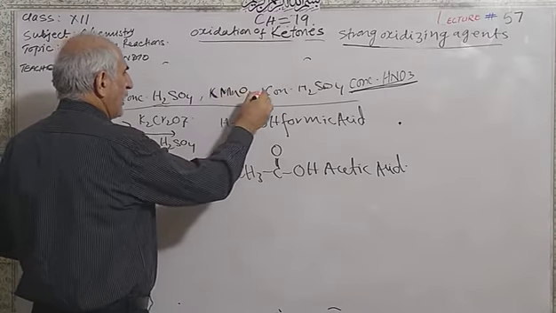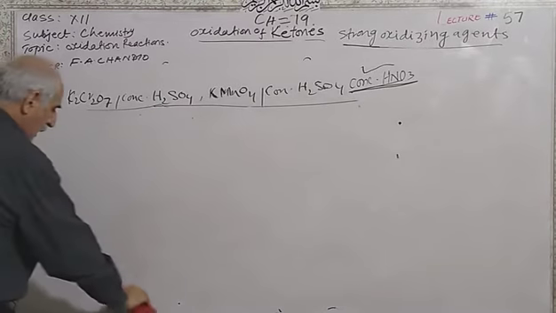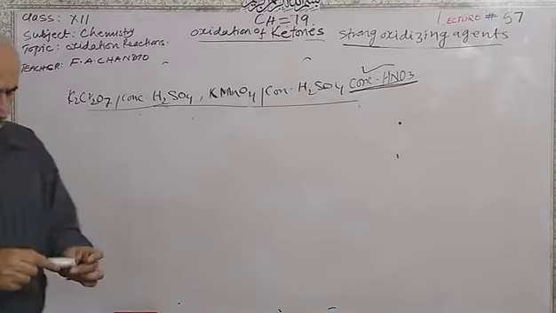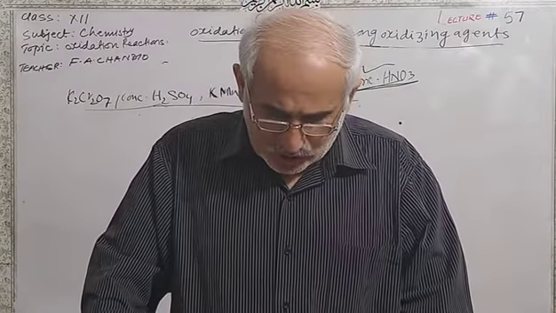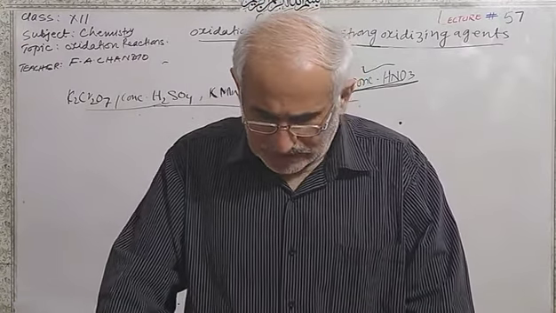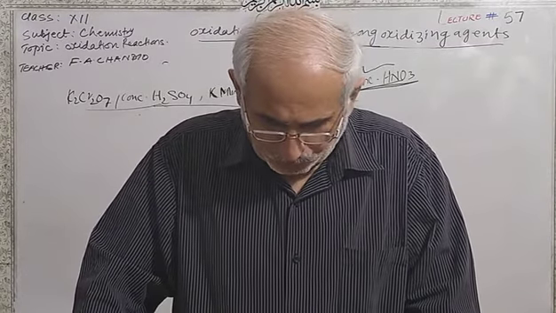Then ketones are going to be oxidized. We will not use mild oxidizing agents for the oxidation of ketones. So dear students, ketones are only oxidized by strong oxidizing agents such as potassium dichromate, sulfuric acid, potassium permanganate, sulfuric acid and concentrated nitric acid.